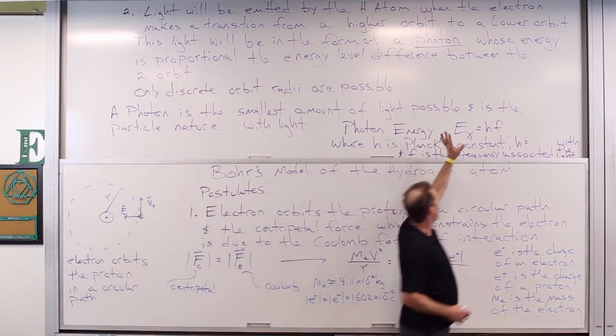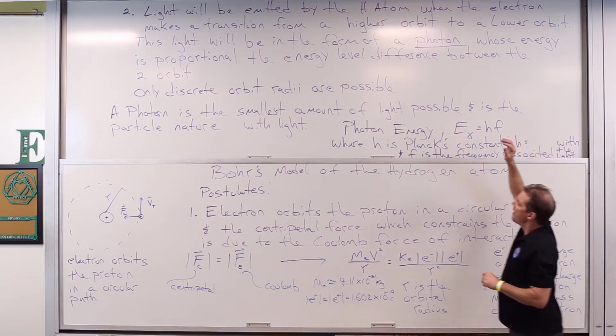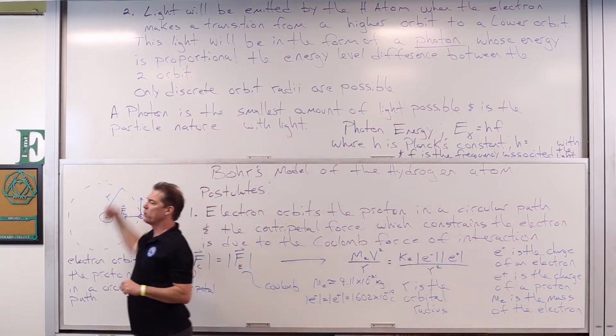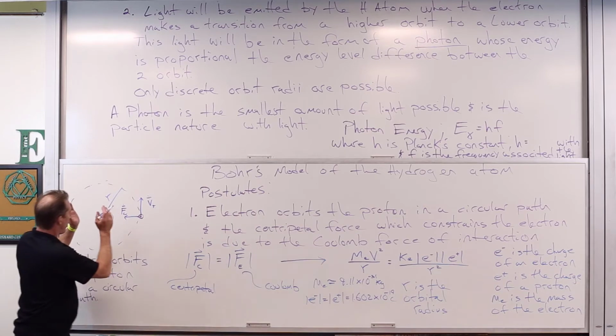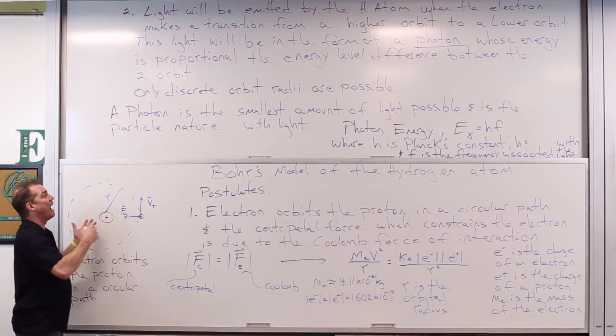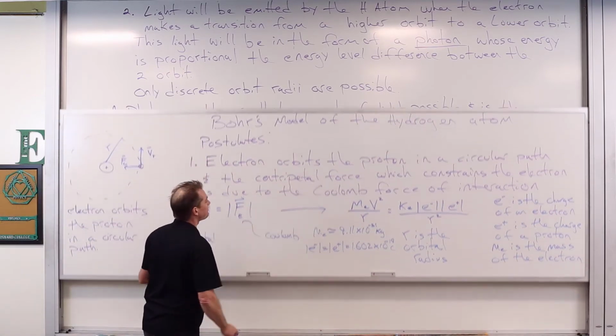Anyways, this is what we've got going on. This is a photon energy, and it was postulated that the energy of the light that is emitted is equal to the energy level difference of the actual hydrogen atom regarding the orbitals that that electron occupies and occupied. So now we've got this.